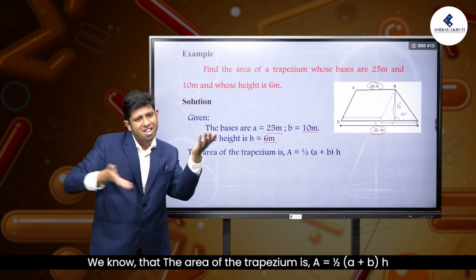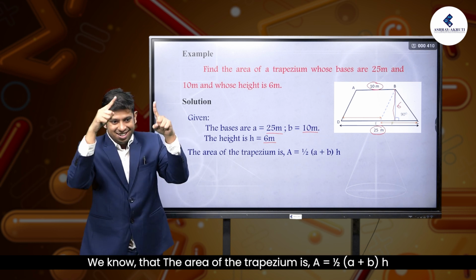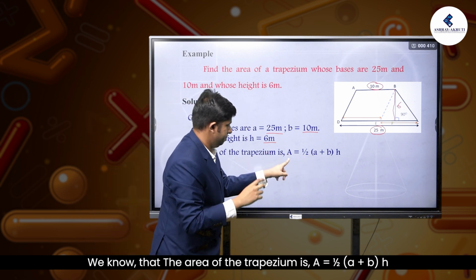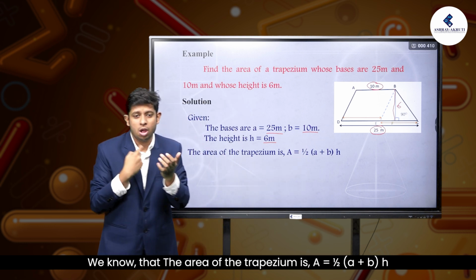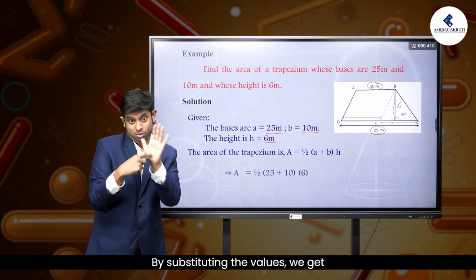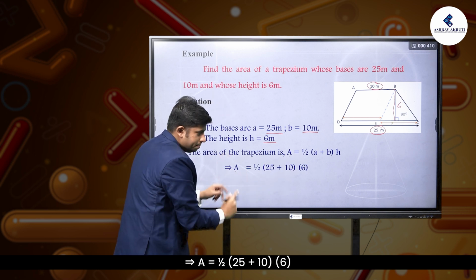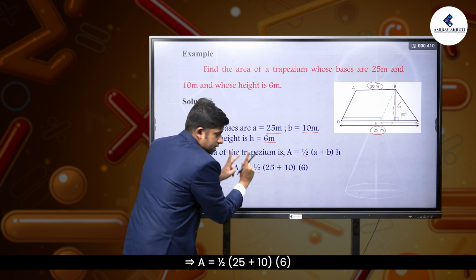We know that the area of trapezium is A is equal to half into a plus b into h. By substituting the values, we get A is equal to half into 25 plus 10 into 6.